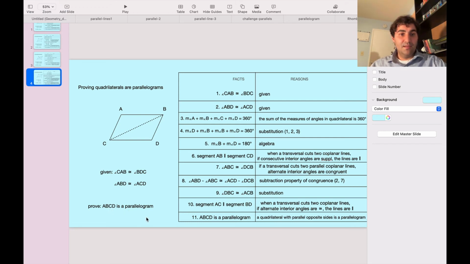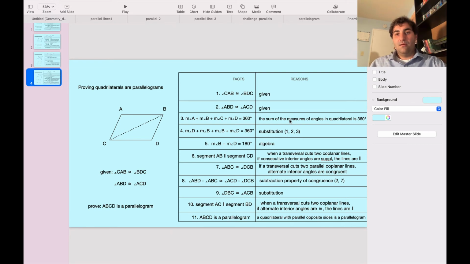In other words, if both pairs of opposite angles in a quadrilateral are congruent, then that quadrilateral is a parallelogram. So I write down what I know. I know these two tidbits here. And I don't know if I actually told you guys, but the sum of the measures of the angles in a quadrilateral is 360 degrees.